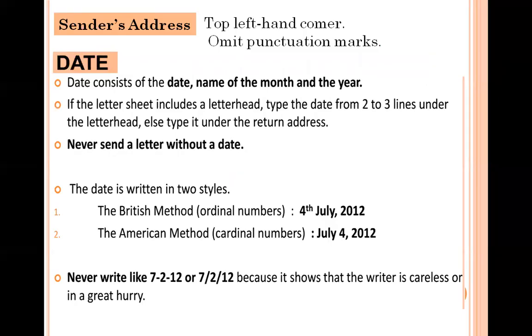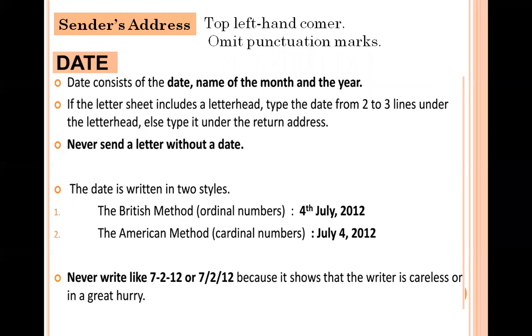So the first component is the sender's address, which is always written at the top left-hand corner of the letter. Omit punctuation marks, that is to say, when you are writing the address, at the end of the line you must not add any punctuation marks.